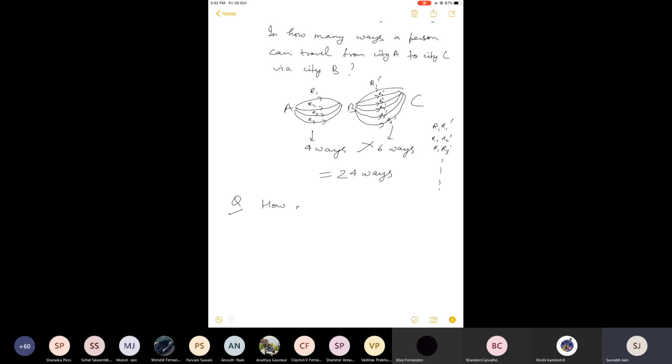How many two-digit even numbers can be formed from the digits 1, 2, 3, 4, 5, if the digits can be repeated?